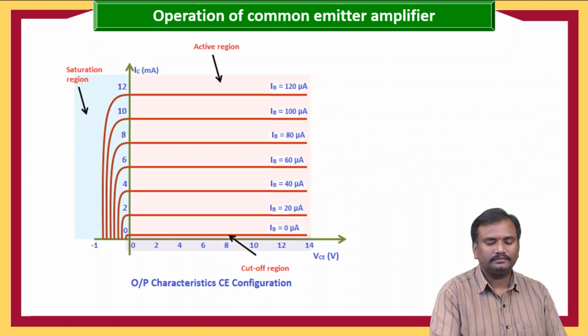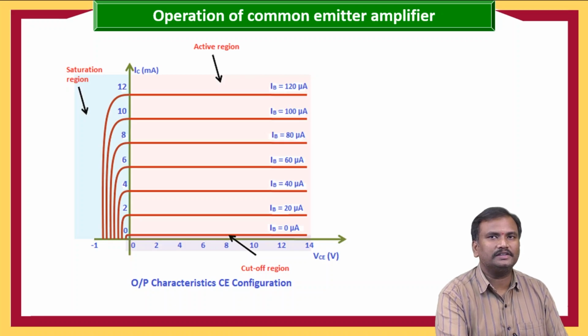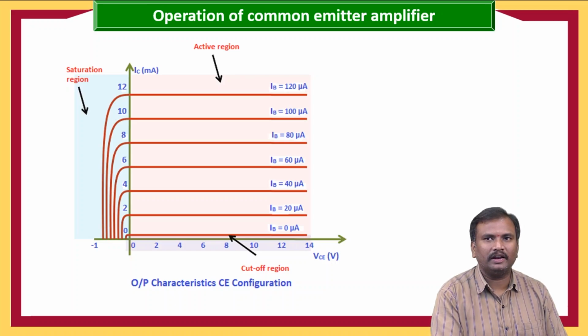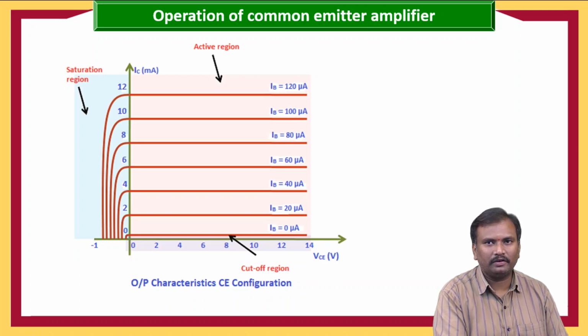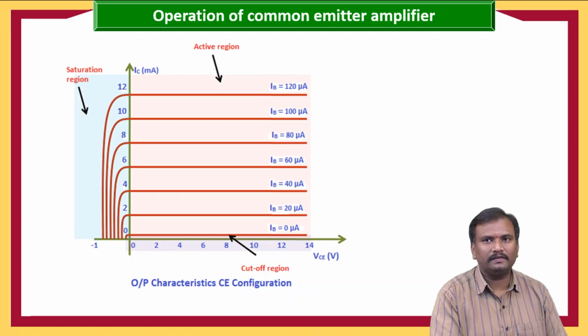Here is VCE versus IC, when the IB value is at 0 microamperes. When IB is at 0 microamperes, we are going to get a small amount of leakage current, that is IC, as the output.